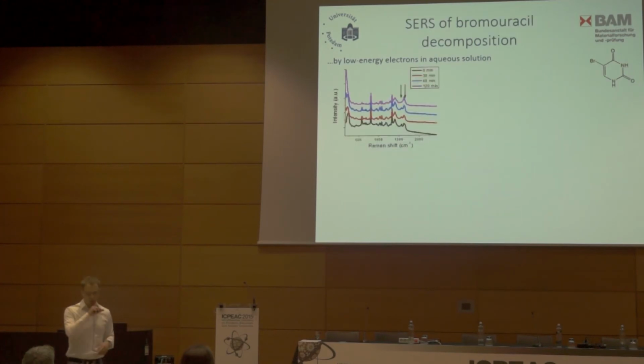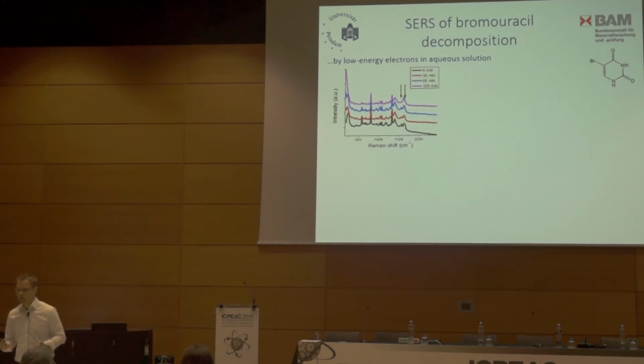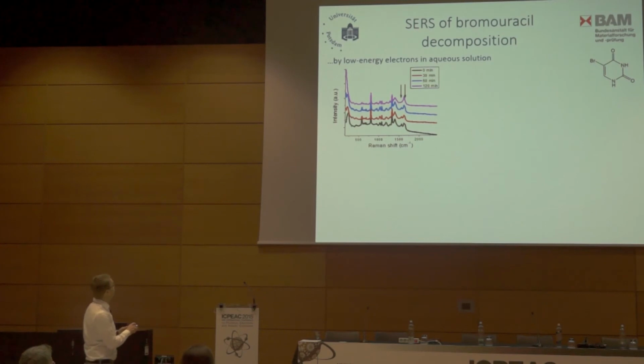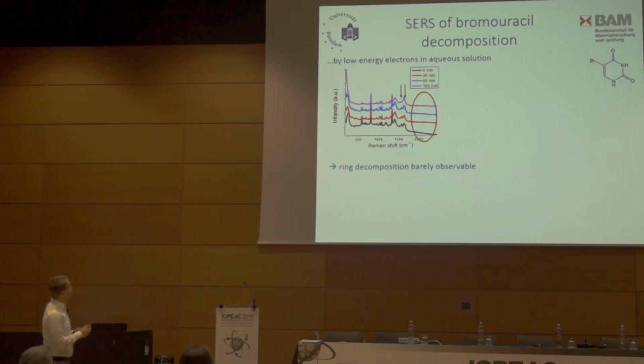We also looked at bromouracil as a comparison. As a very important feature, we can see that these bands that we saw in the case of thymine simply do not appear with bromouracil. So apparently there is no real ring decomposition induced by the released electrons. But on the other hand, we see changes that are indicated here by the arrows.